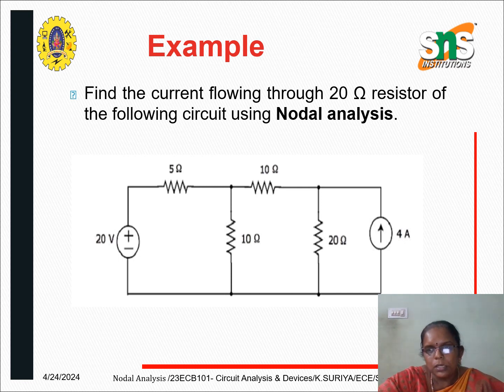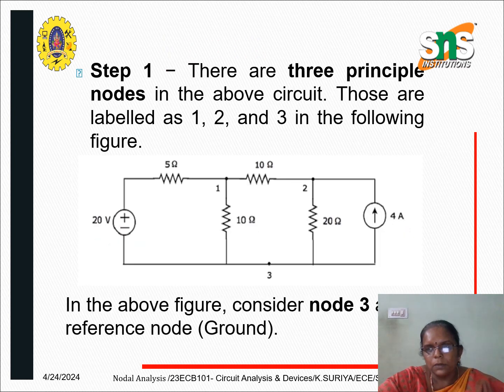In nodal analysis, first we have to find out the nodes. Here we can choose these as the principal nodes. The first step is finding the three principal nodes. This is node 1, this is node 2, and this is node 3. So three nodes.